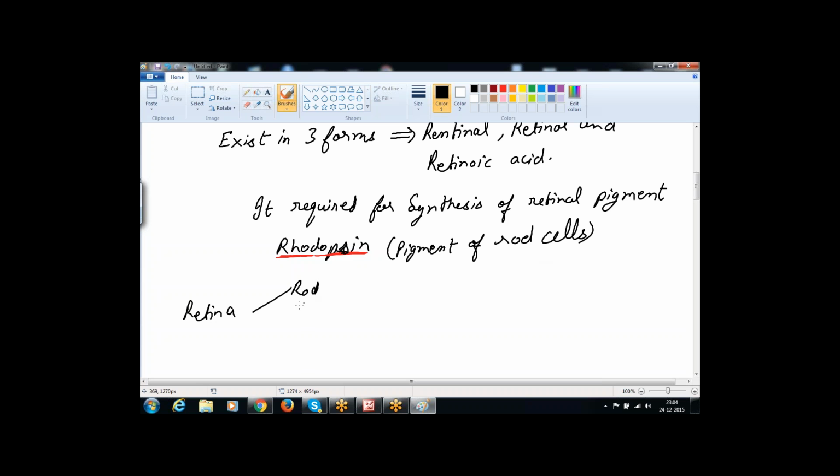They are rod cells and cone cells, out of which the rod cells have got rhodopsin, and they are responsible for vision at night. It doesn't mean night as such, but vision in the dark.